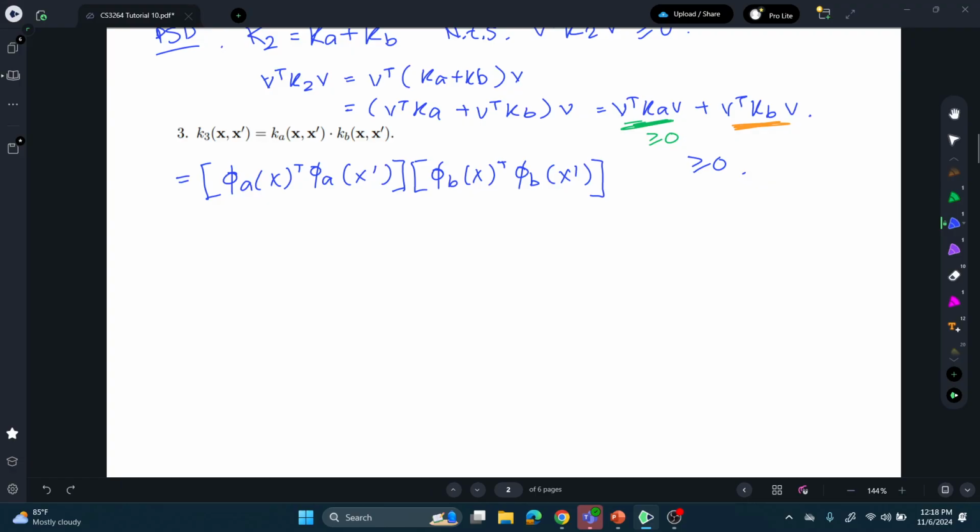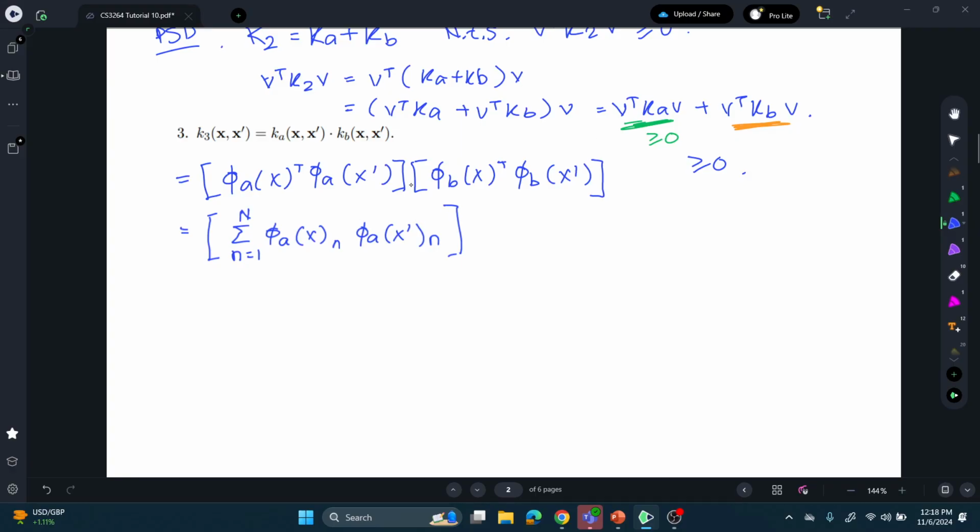If I rewrite the dot product in terms of element-wise multiplication, suppose that capital N is the dimension of phi A. So this will be the sum of phi A of x, element n, times phi A of x prime, element n. So I'm multiplying element n of phi A of x with element n of phi A of x prime, iterating from 0, 1, 2, 3, 4, 5, and so on.